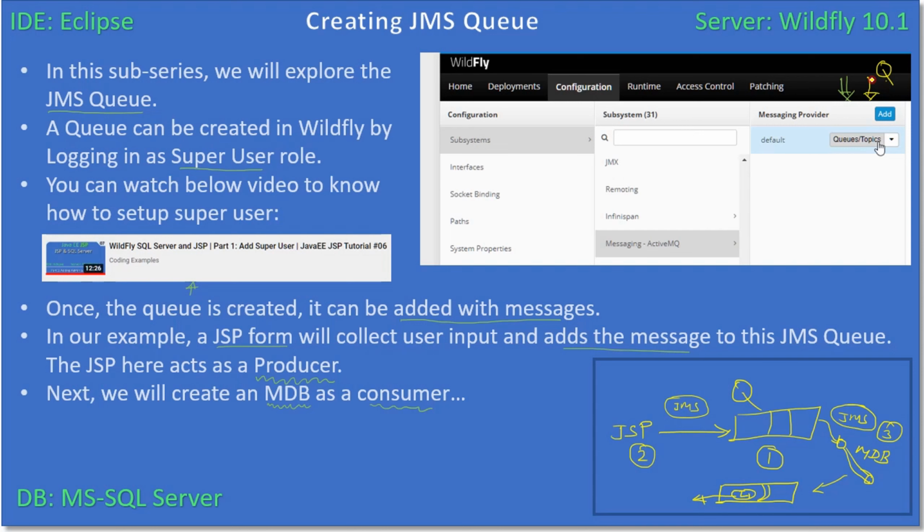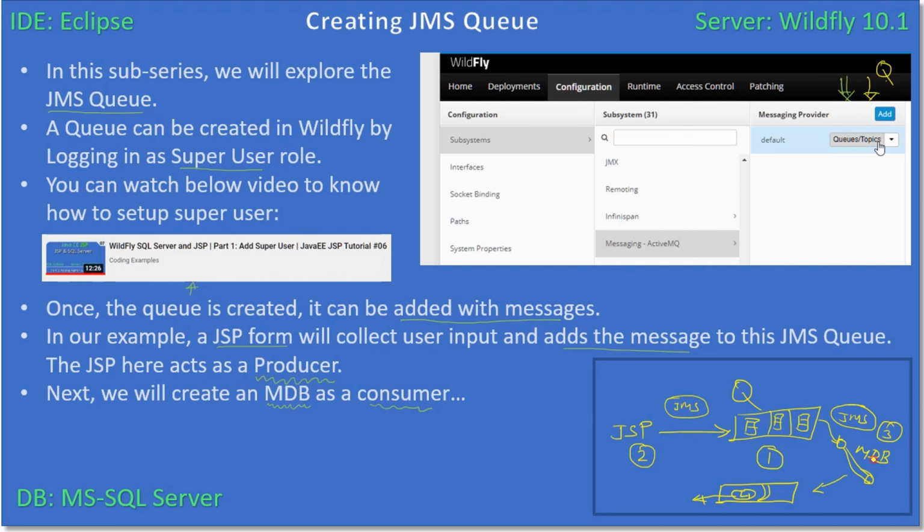So here if you see, we will be creating a queue, and that queue is here. Message producer will be JSP. JSP will push the message to the queue using the JMS.